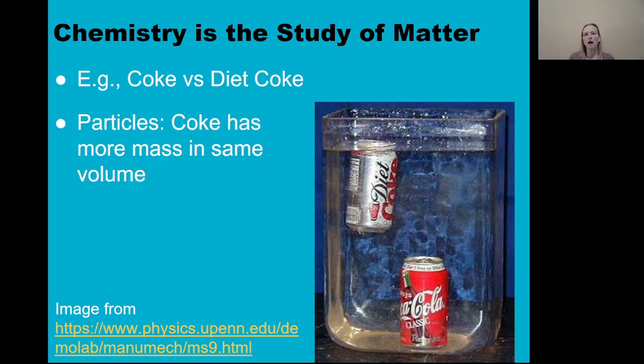Well, you might not be aware of this, but it takes a lot of sugar to make Coke sweet. But NutraSweet is actually sweeter per gram. You need less NutraSweet to make something taste sweet than you do sugar.